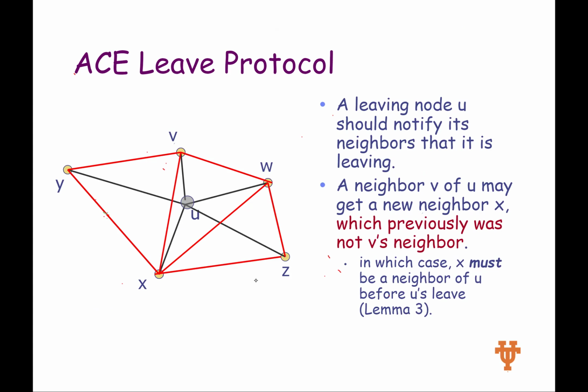So V will use this to calculate its new neighbors. And everyone will use this information to calculate its new neighbors. And the calculation after U leaves will be like these red lines.